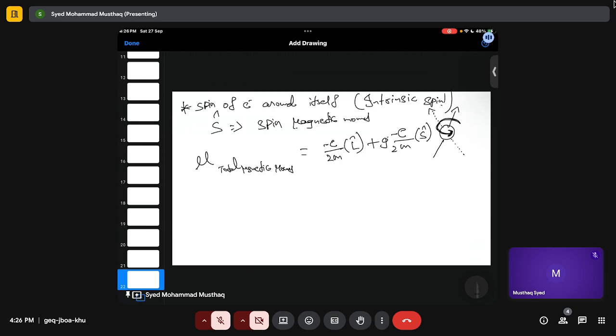What is my g here? g is, you can say, the Lande g factor. So it is a proportionality constant. Okay. So people have found the value by calculating the total magnetic moment of electrons. It will come close to 2.02 something. Okay. People know it as the Lande g factor.